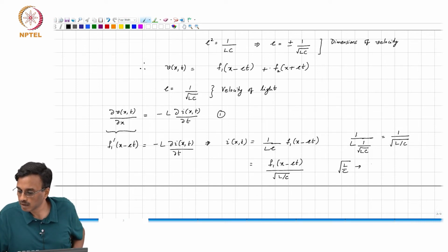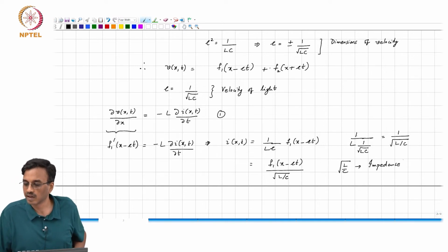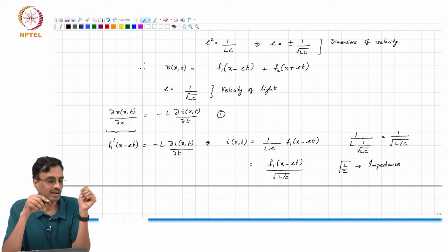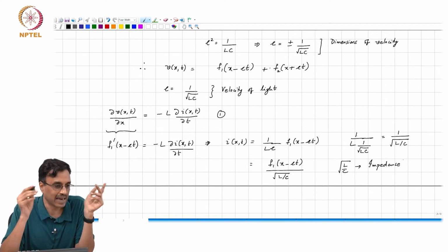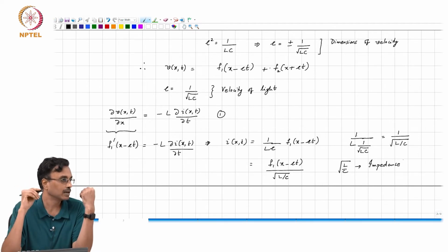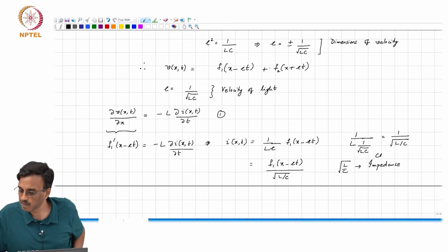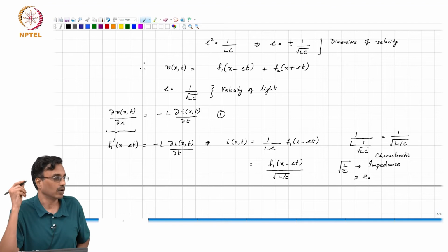Impedance. And since it basically depends on L and C, which are characteristics of the transmission line, right? This is called the characteristic impedance, and is often called Z naught.